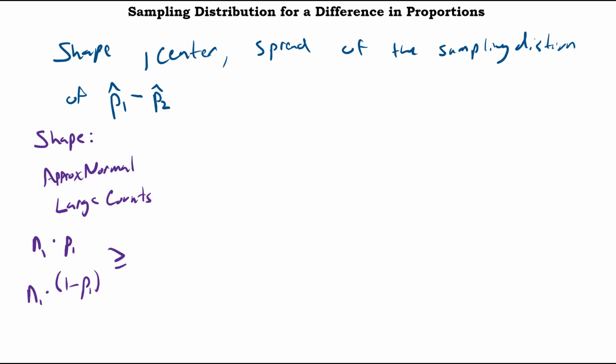Both of those have to be greater than or equal to 10, as well as n2 times p2, and n2 times 1 minus p2. Both of those also have to be greater than or equal to 10. For your shape to be approximately normal, all of these have to check off.